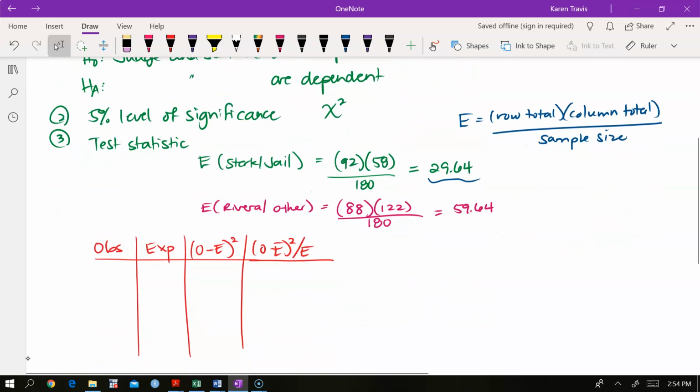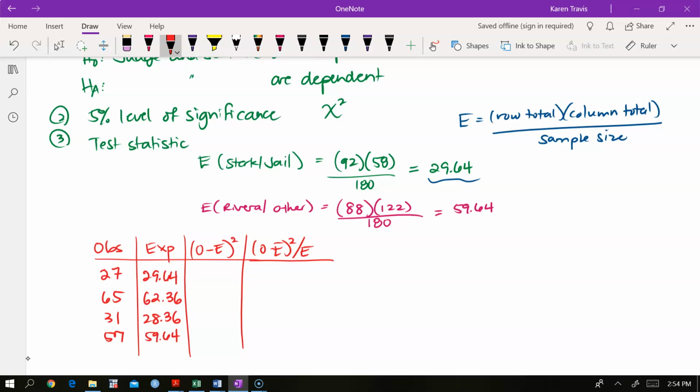So we had 27 observed for Stark and jail, but expected was 29.64. For Stark and another sentence, it's 65 with 62.36. For Rivera and jail, it's 31 with 28.36. And for Rivera and another sentence, it's 57 and 59.64.